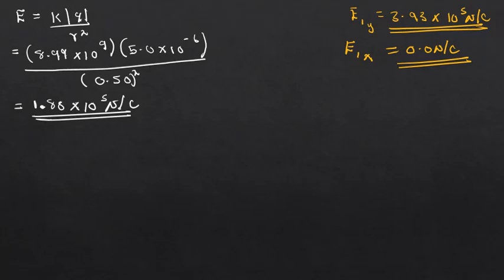If you want to write it as a whole number, it is just 180,000 newton per coulomb. But anyway, we leave it in standard form.